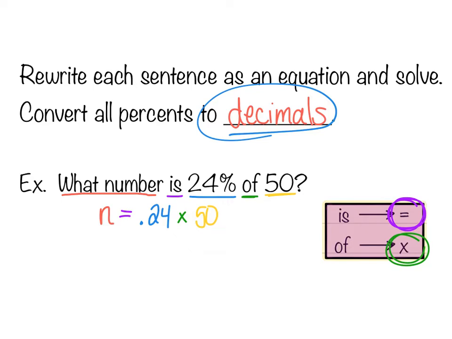All I have to do is figure out what is going on with the n, right? What is this 0.24 times 50 then? So plugging it into my calculator, doing 0.24 times 50 will give you n equals, oops, let's go back to pencil, n equals 12. And we're done. We have our answer. What number is 24% of 50? It's 12.